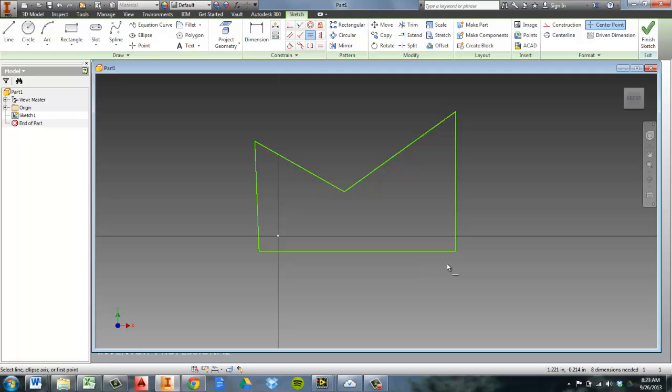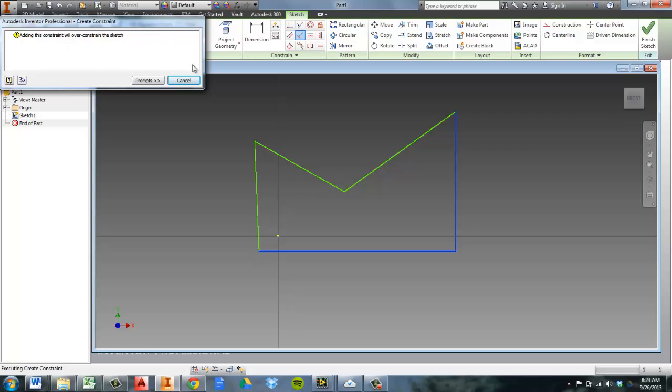Notice now there's an inferred constraint based on that. Because this one's horizontal and this one's vertical, they are now perpendicular. So if I was to try to put in a perpendicular constraint on this side, it would actually give me a warning, saying, hey, listen, buddy, this constraint will over-constrain. You've already done this. It's implied.